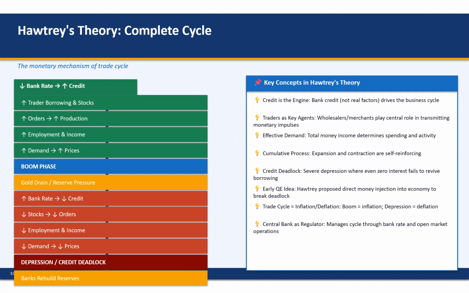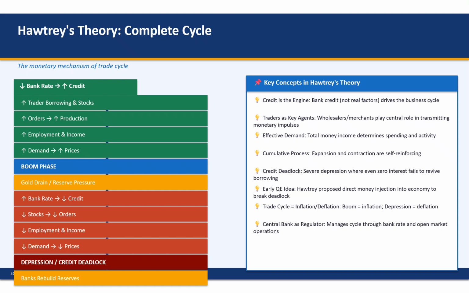Now let us go through the complete monetary mechanism of Hawtrey's trade cycle. It ties together the boom, depression, recovery, and the role of the central bank in one flow.